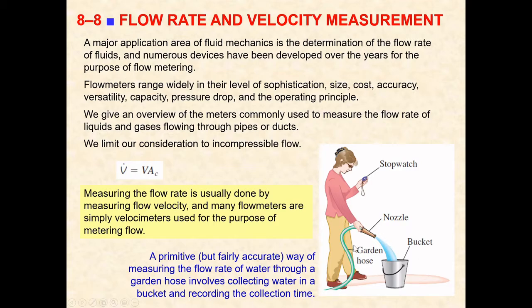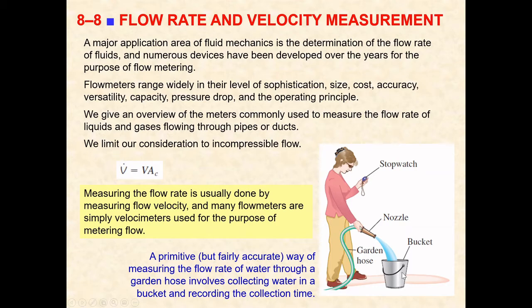So if you want to measure the flow rate, and if you can contain the liquid, you can use a bucket to contain the water, for example. You need a stopwatch, and you need to know the volume of the bucket. The amount of time needed to fill the bucket allows you to take the volume of the bucket and divide it by the time, and therefore it will give you the flow rate.